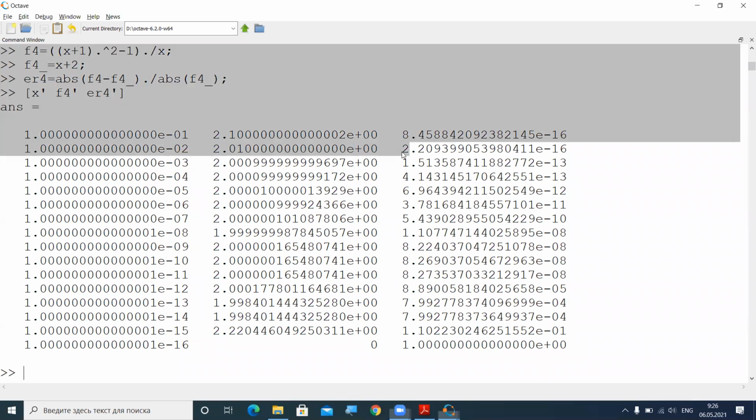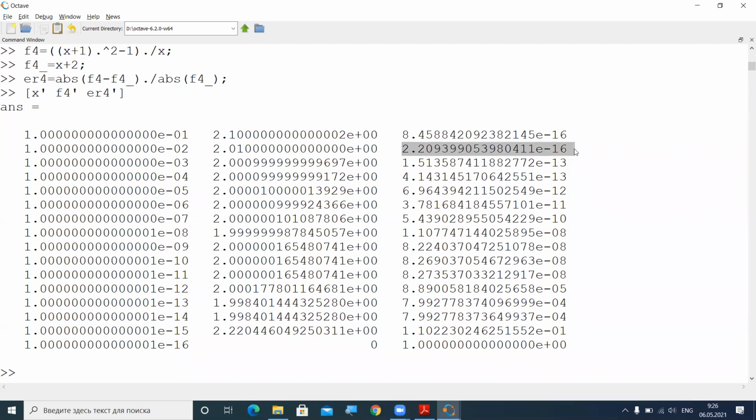You can see here, it means if x equals 10 to the power of minus 2, this relative error is acceptable, because it's very close to machine precision. And you can say the first one also, but for others, it is greater than machine precision.